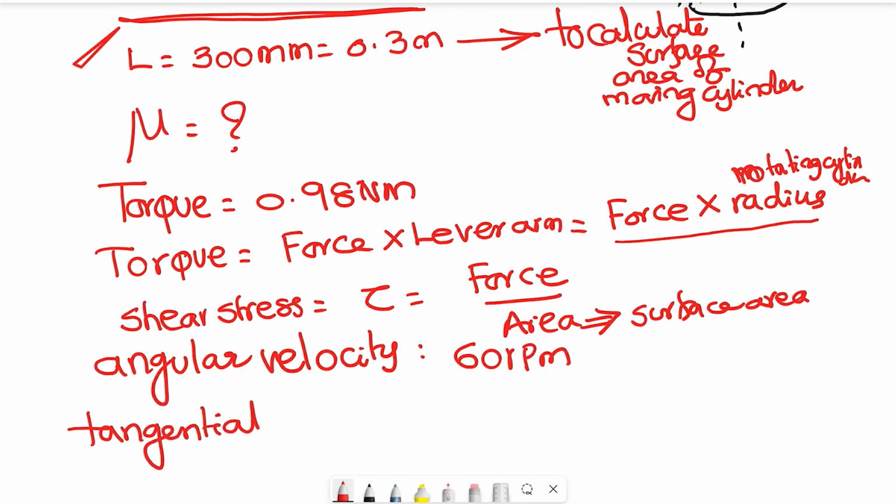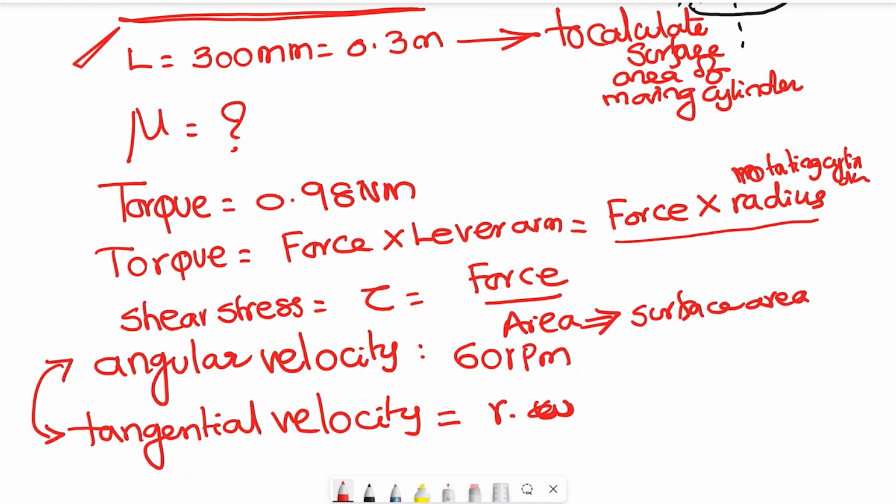So what is the relation between tangential velocity and angular velocity? Tangential velocity is equal to R into omega. This omega we also have to convert first into radians per second and then multiply.